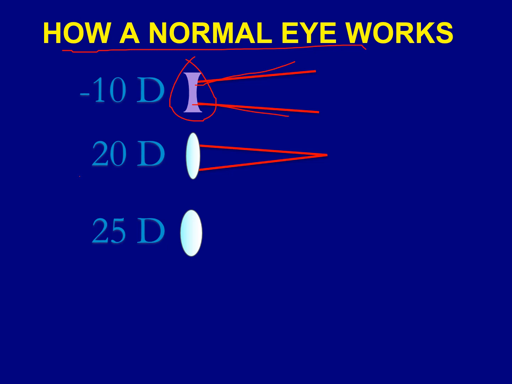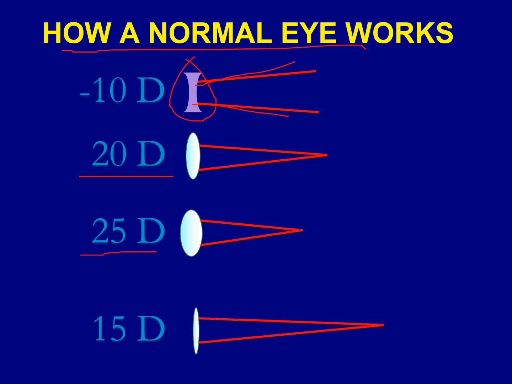This is a 20 diopter plus lens, while a 25 diopter lens will converge it more as compared to the 20 diopter, while a 15 diopter will converge less as compared to the 20 diopter. So if you want more convergence than 20 diopter, you use 25 diopter. If you want less convergence than 20 diopter, you use a 15 diopter lens. That's how the normal lenses work.